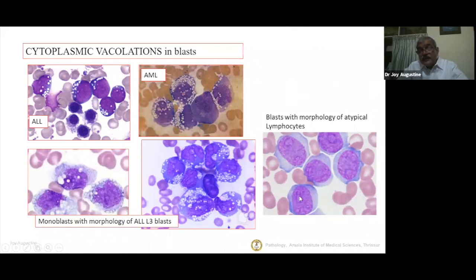This is an acute leukemia with blast cells with features suggestive of atypical lymphocytes. So this is a point which you need to remember very carefully. So before you sign off that they are all atypical lymphocytes, make sure that you have got the accompanying different types of atypical lymphocytes with them. Otherwise, you may miss a leukemia.